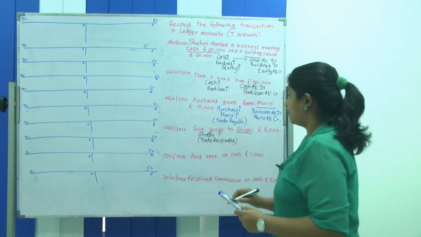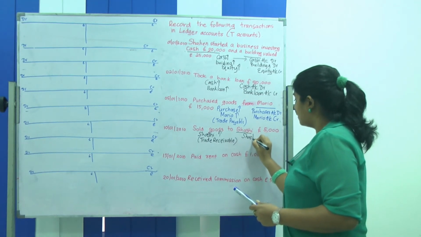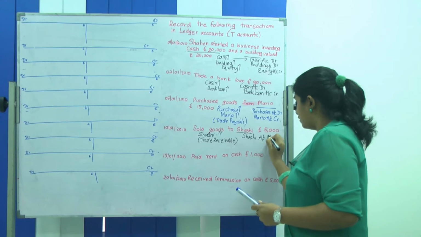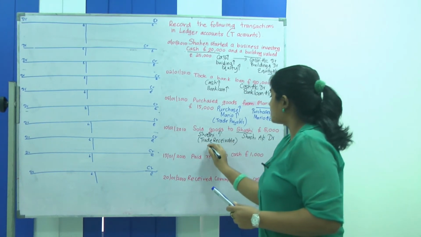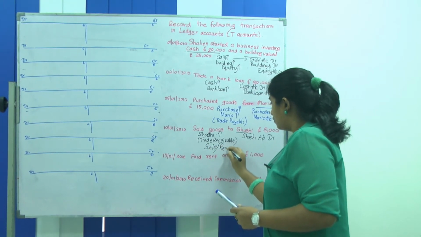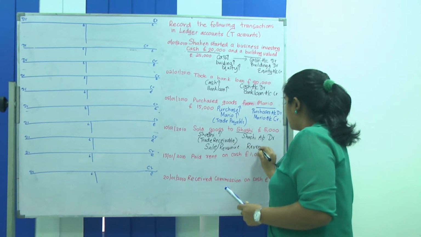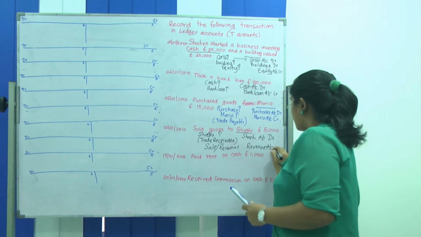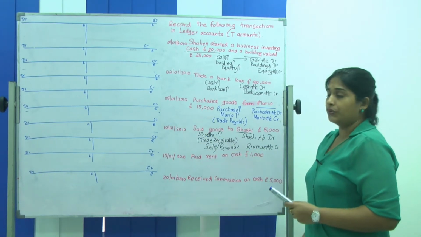So Shashi is a trade receivable, that means it's an asset. So it will be debited to Shashi's account. And we are selling goods, that means it creates an income called sales or revenue. So the sales or revenue account will be credited.